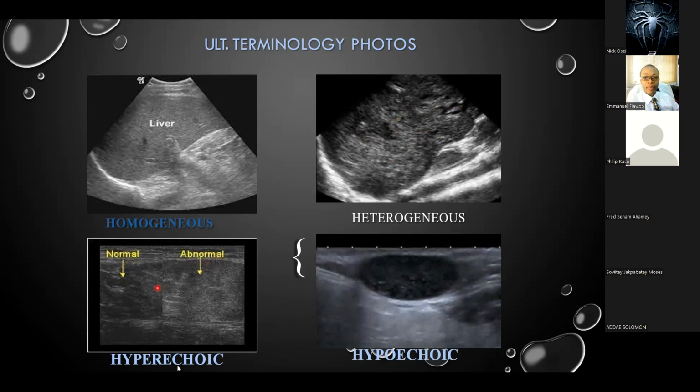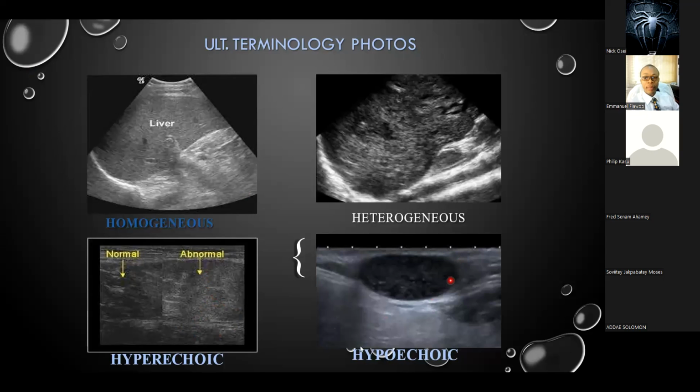Okay. Now, this picture on the bottom left is also simply to help you understand what we mean by hyperechoic and hypoechoic. So you can see we have the normal and abnormal shown here. So basically, a hyperechoic structure is one that is appearing more gray or more white than the surrounding structure.